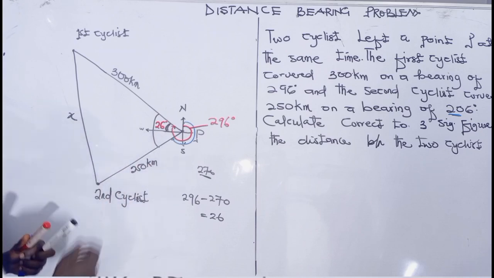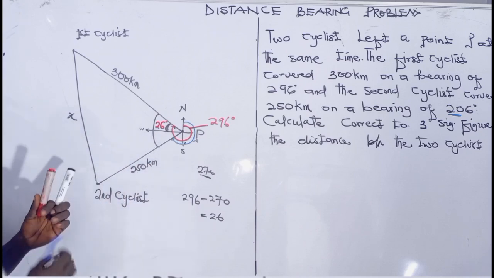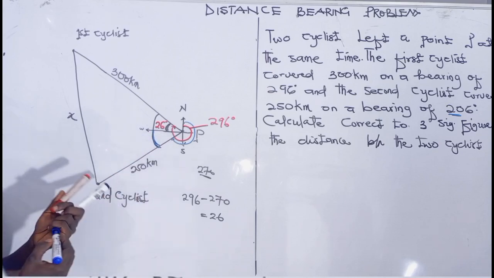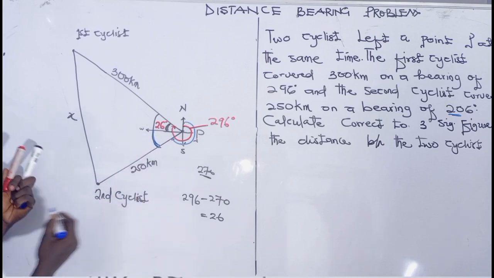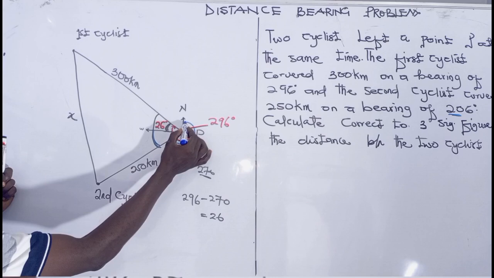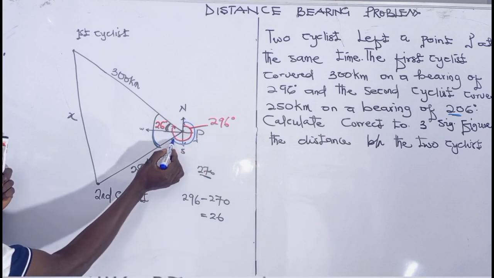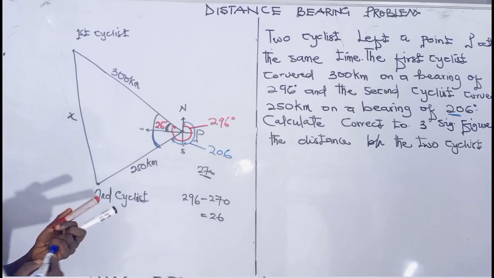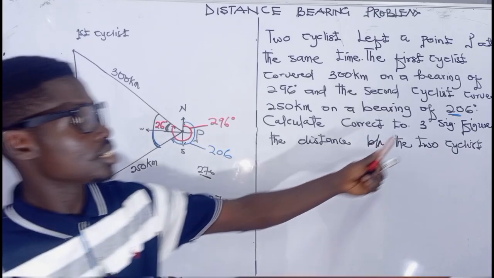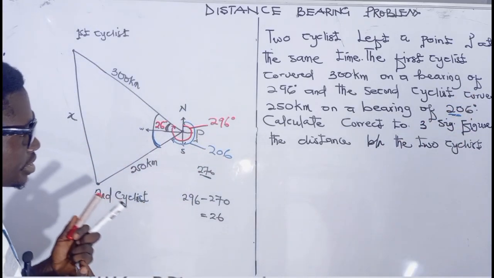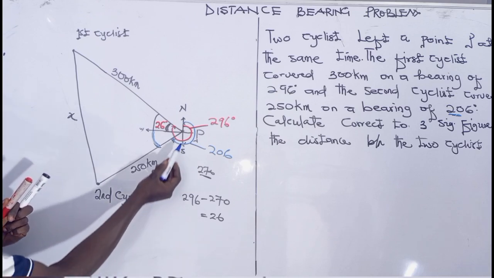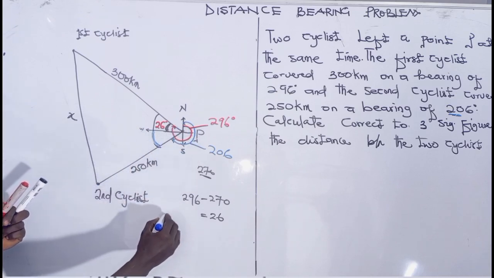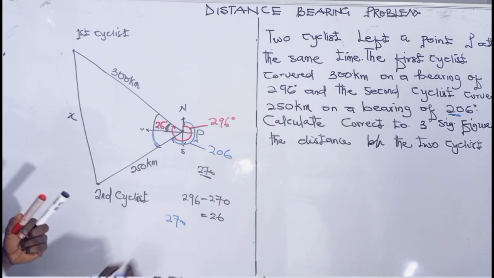Now let's look at this particular angle. We said that the measure of the angle from the north to this terminal line is 206 degrees. That is what was given in the question. You also know that the measure of the angle from the North Pole in a clockwise direction to the West Pole is 270 degrees.